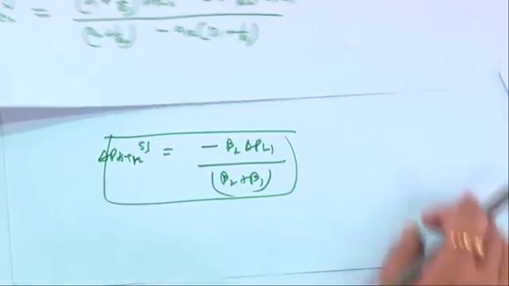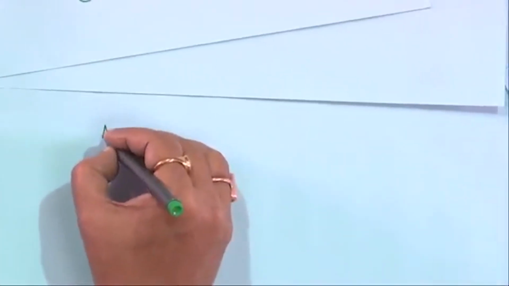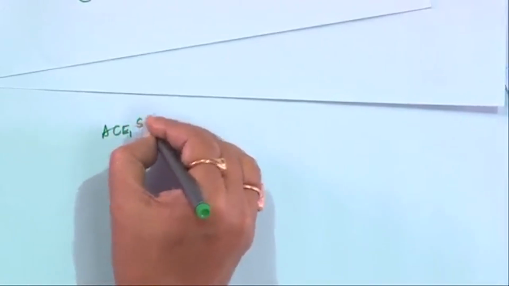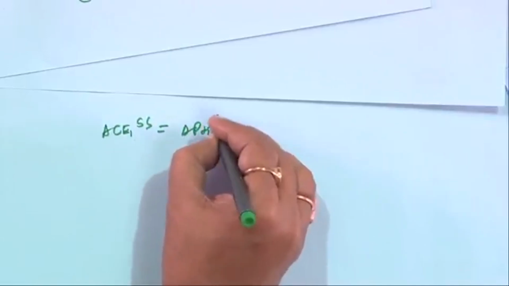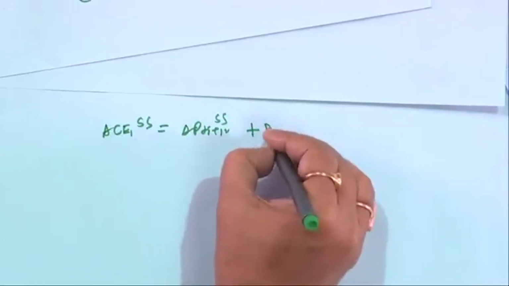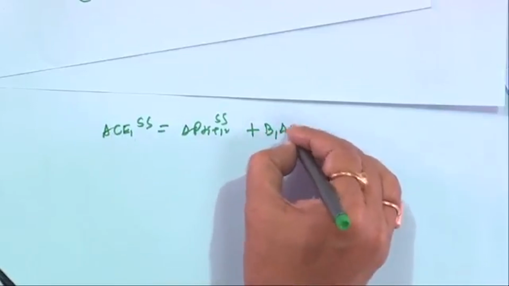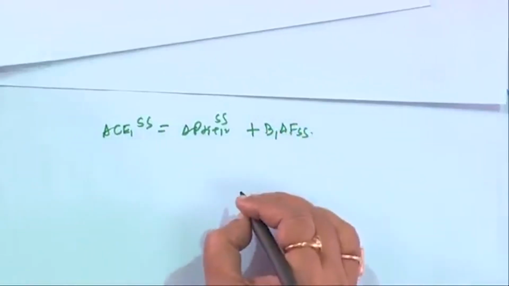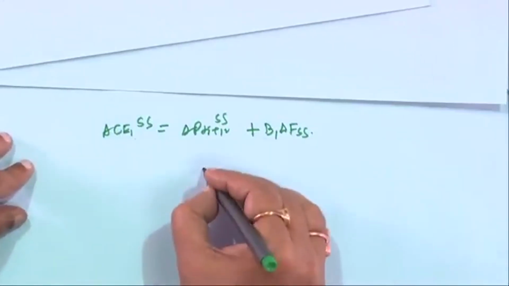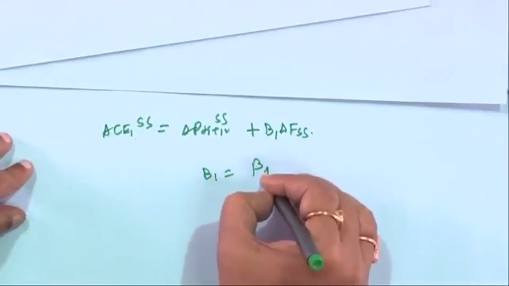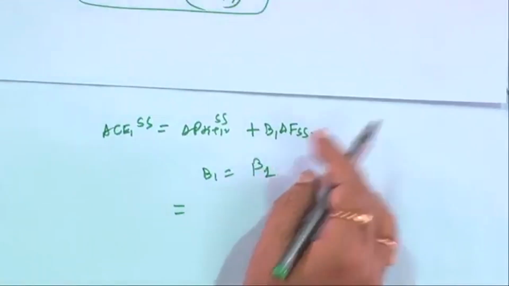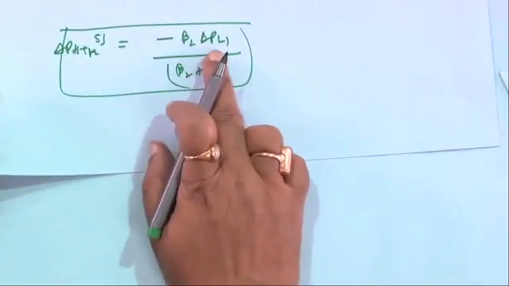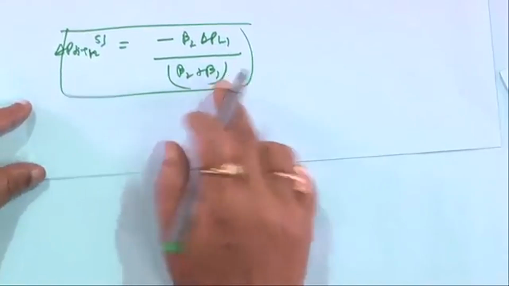Now AC1 steady state value is equal to delta P tie 1 to steady state plus B1 delta FSS. This is the steady state value. Now B1 is equal to beta 1, so delta P tie 1 to SS is minus beta 2 delta PL1 upon beta 2 plus beta 1.